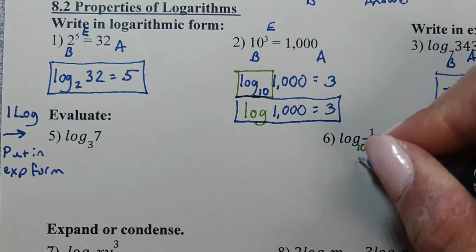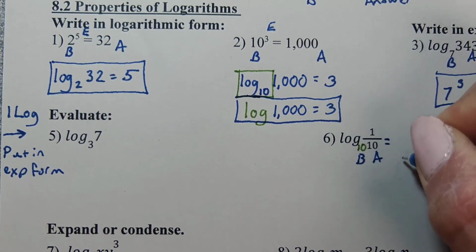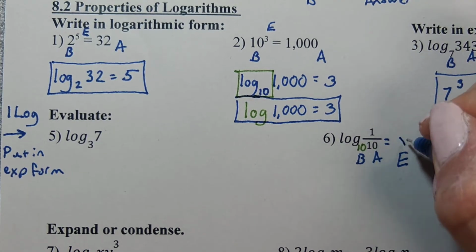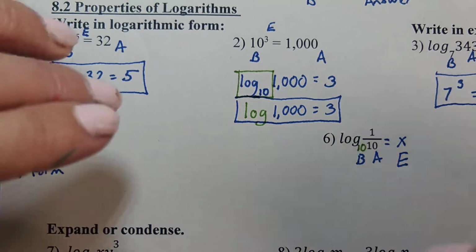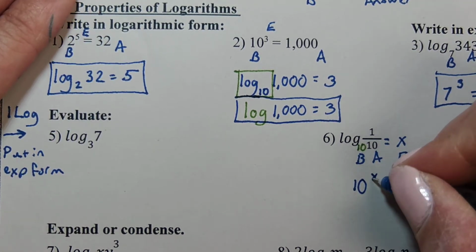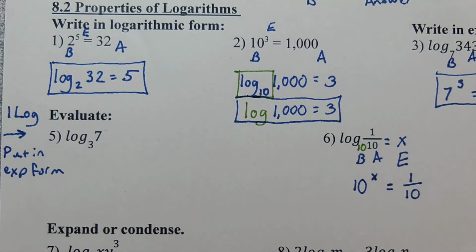So we see the word log, and we think of the elephant with his big animal ears. Now the ears, or the exponent, is what we are looking for. So I'm just going to put a variable there. We want to find out what this log is equal to. We're going to say that it's equal to x. So then my base is 10. My exponent that goes with that base is x. And then the answer is 1/10.